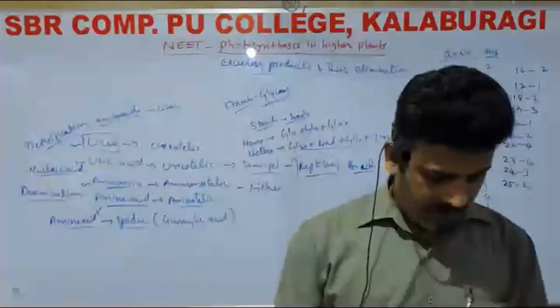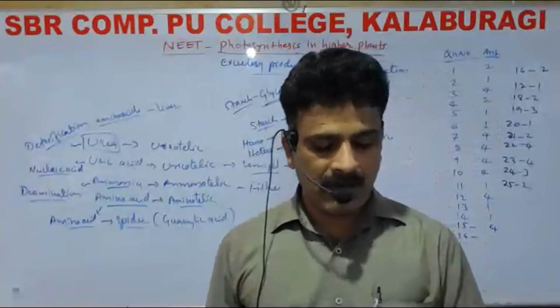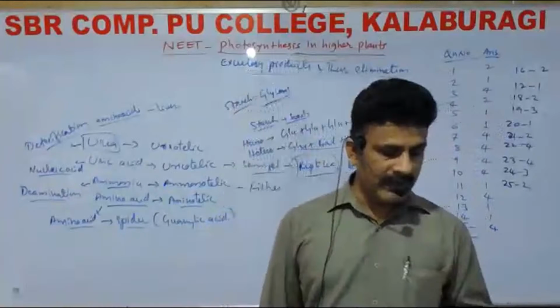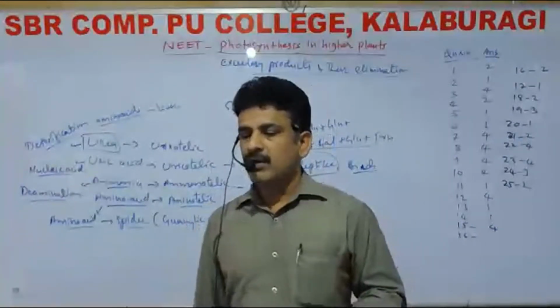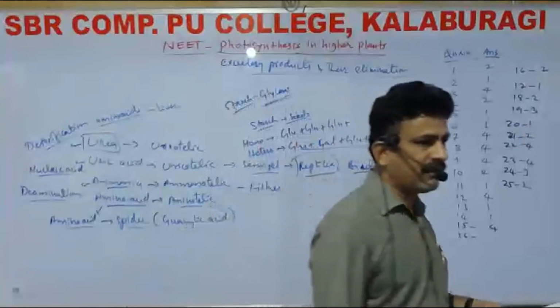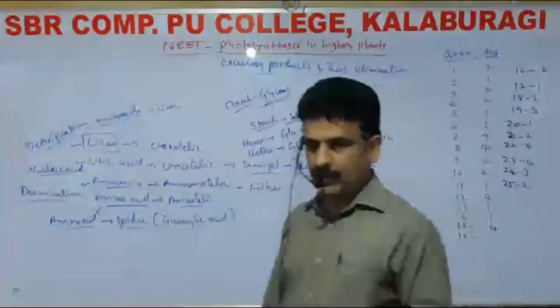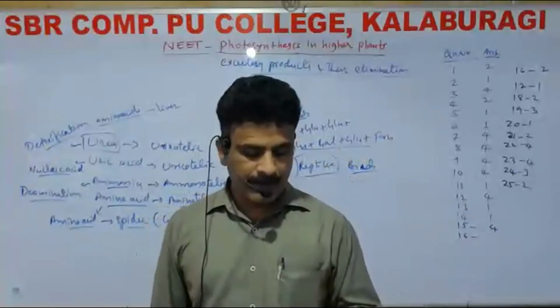Next, the guano, the fecal matter of birds, contains insoluble crystals of uric acid and insoluble crystals of urates. Okay, so that's why both 1 and 2.